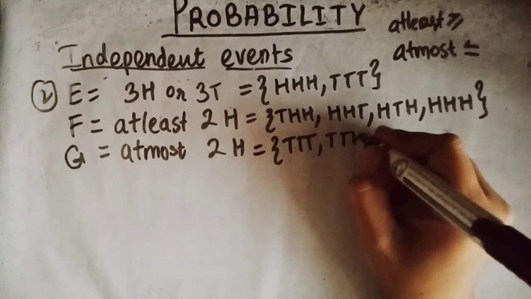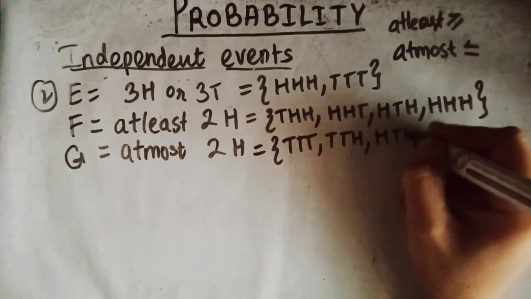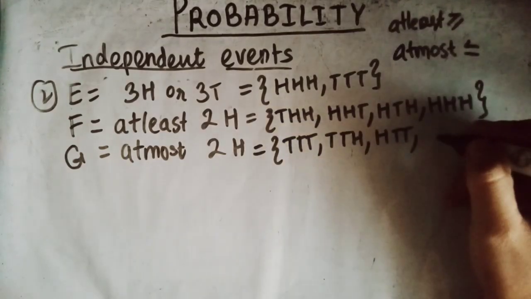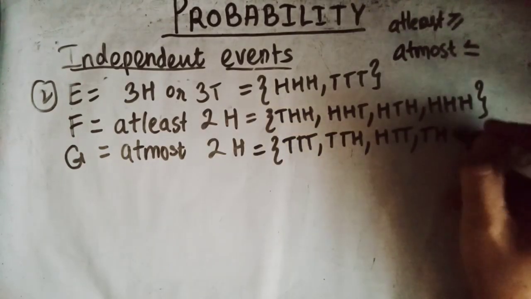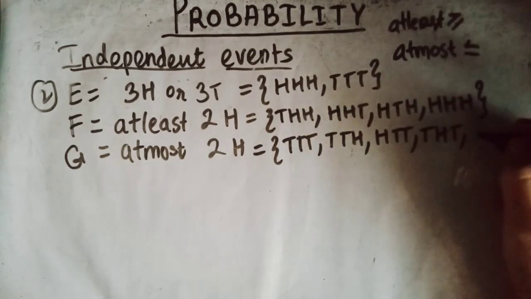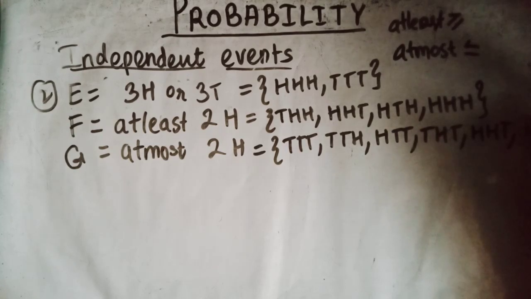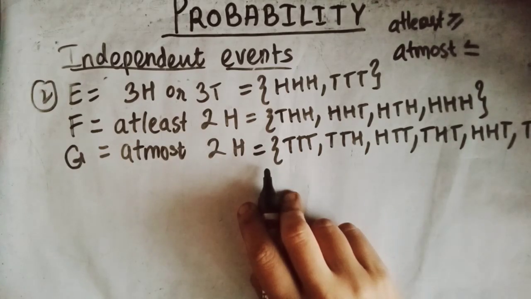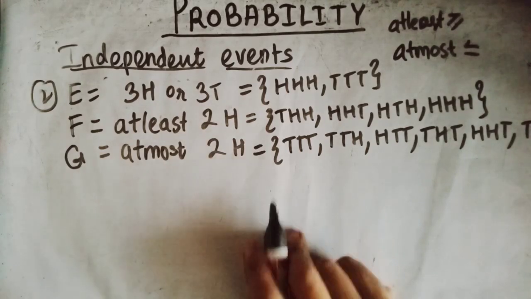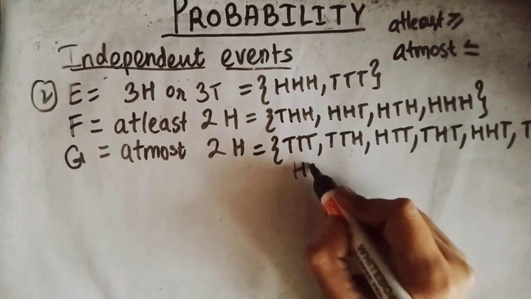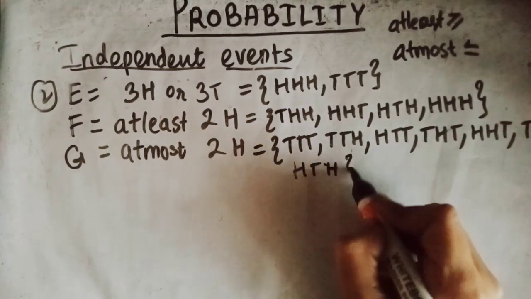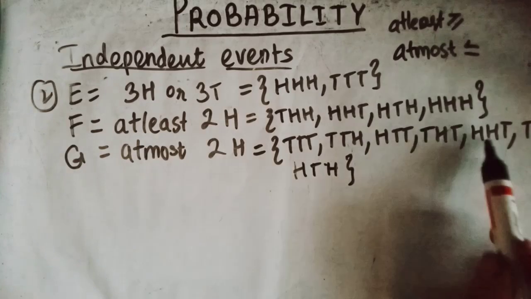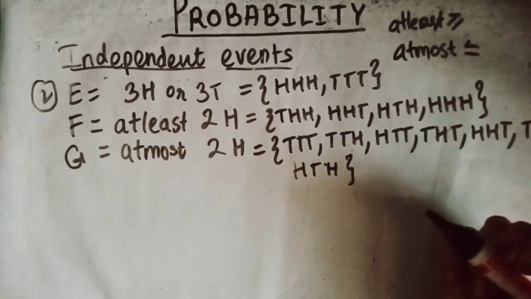Then take TTH, HTT, then THT, then HHT, then THH, then HTH. How many are there? 1, 2, 3, 4, 5, 6, 7. Right?